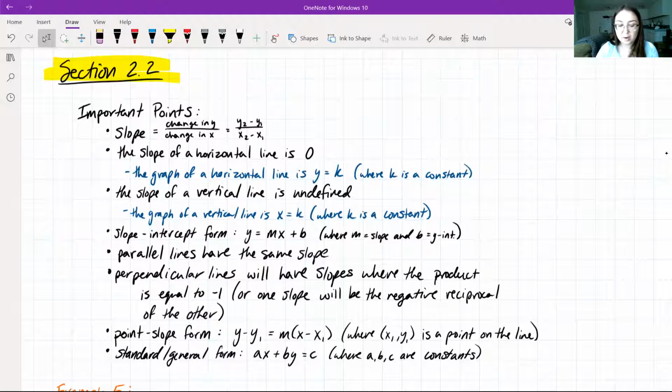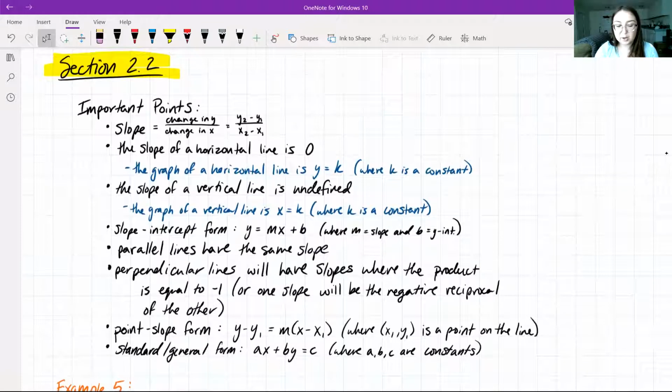So we calculate slope by taking the change in y and dividing that by the change in x, or if we have 2 points, it being y2 minus y1 divided by x2 minus x1.